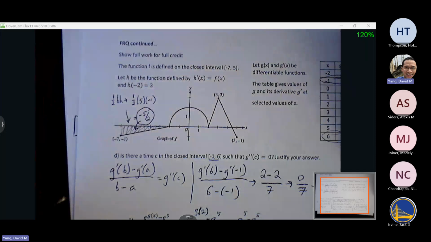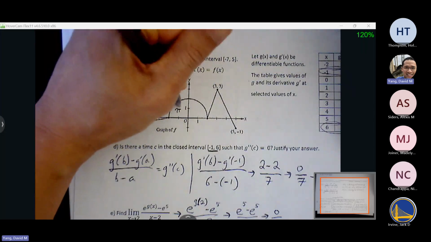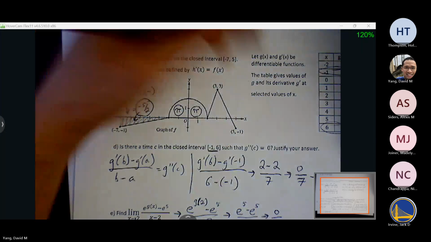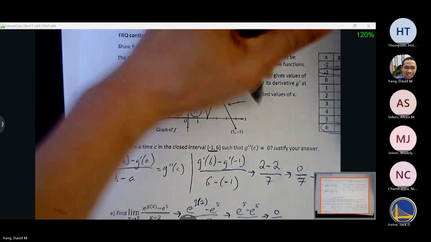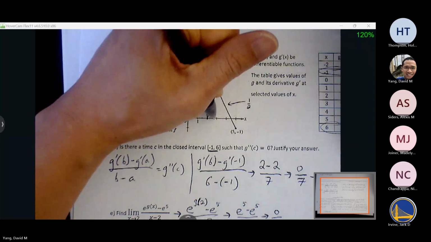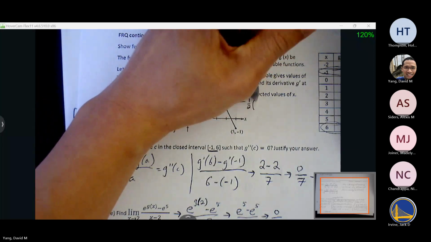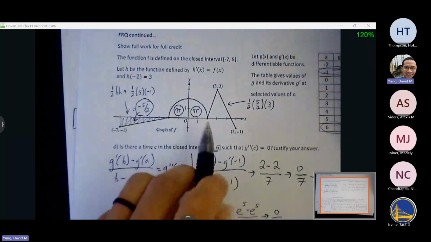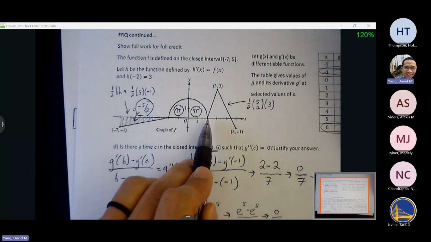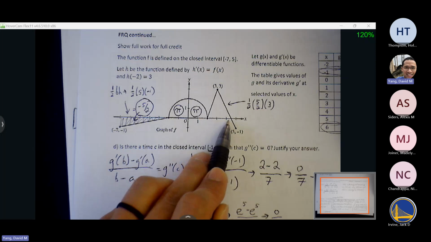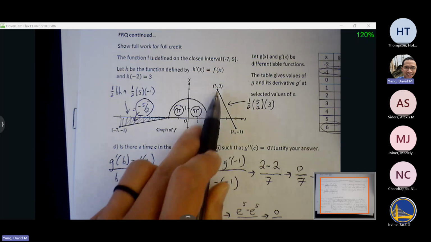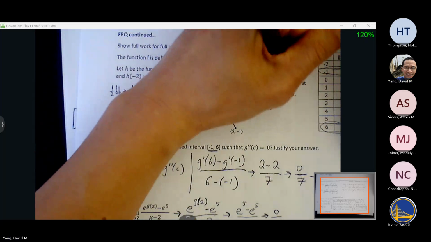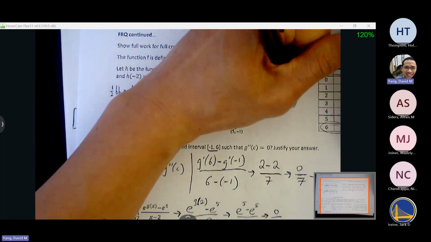Right below the x-axis, we found before that this was pi and pi. And this large triangle here, 1/2 base times height, my base is 1 to 2.5 or 5 halves, and then my height is 3. So I get 15/4 or 3.75.